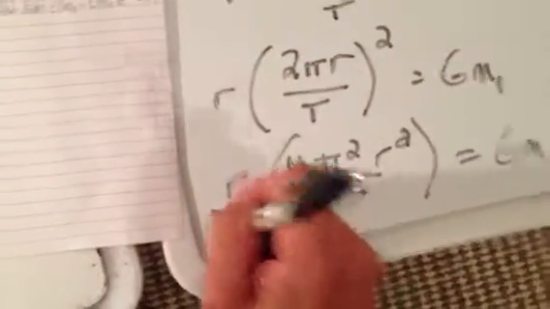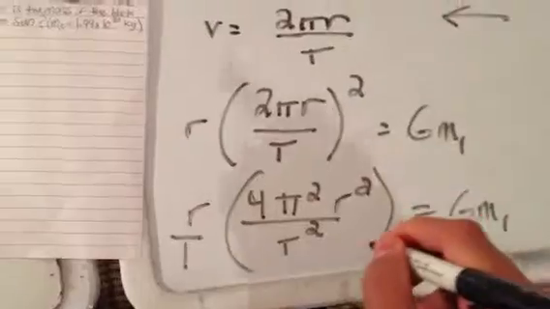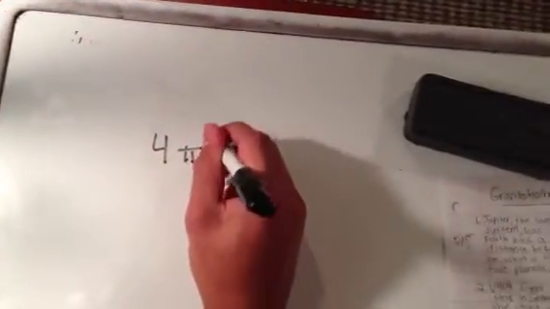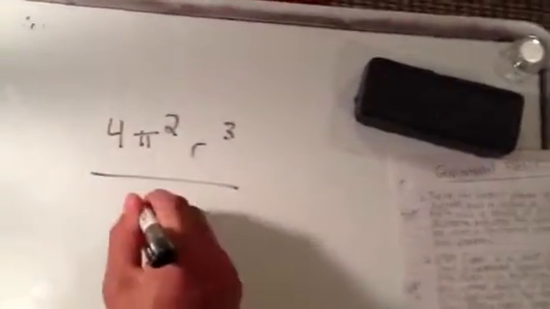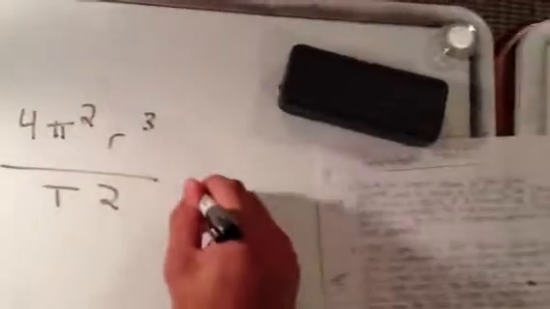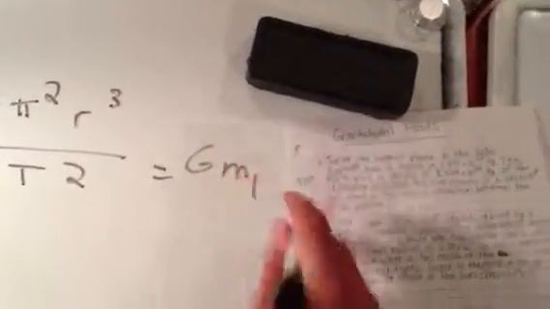Now I can distribute this r to this quantity. Let's actually go to this board now, since we're running out of room. I get 4 pi squared r cubed over T squared, and that's equal to G m1.